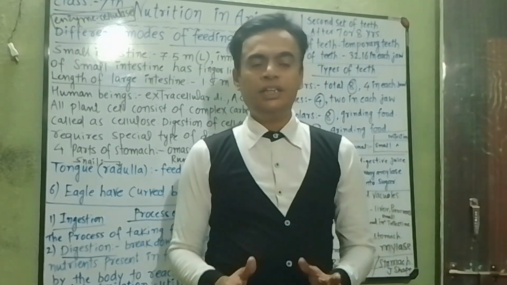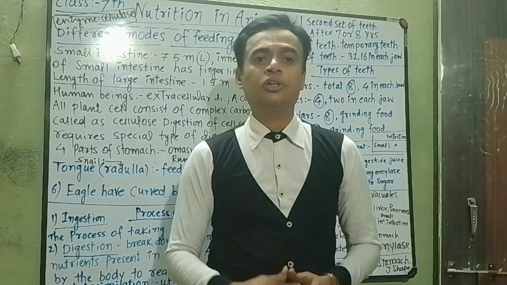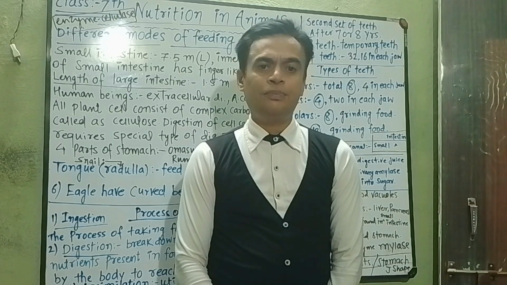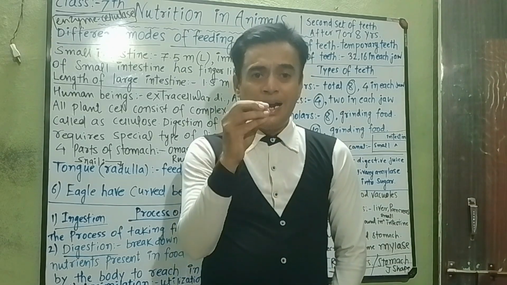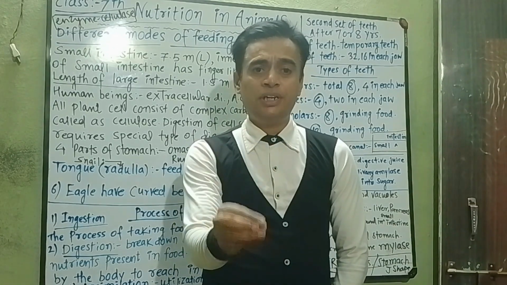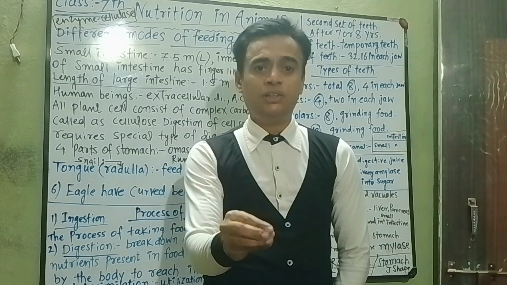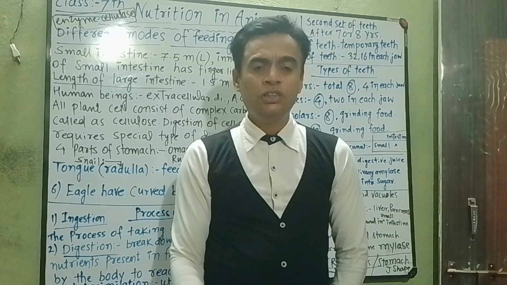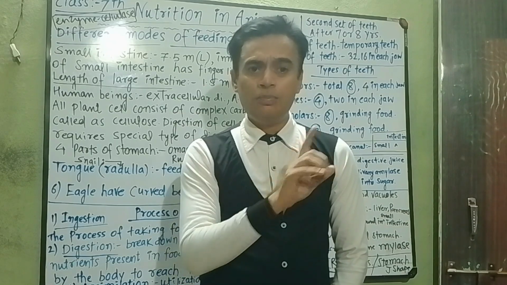These 32 teeth are divided into 2 types. One type is called temporary teeth, another type is called permanent teeth. 8 किंवा 7 वर्षापर्यंत लहान मुलामध्ये जे सुरुवातीला दुधाचे दात येतात त्याला आपण टेम्पररी टीथ असं म्हणतो. These temporary teeth are not permanent.